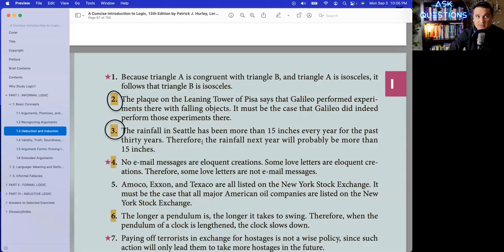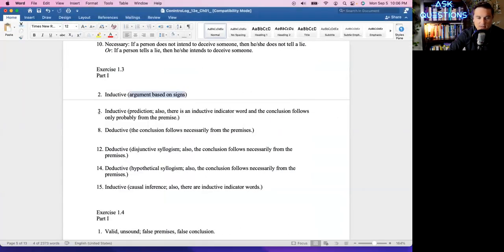Even if it rained 15 or more inches for the last 1,000 years, still, that's not a guarantee that it will happen next year. This is still, I think, a good argument, right? You might bet on it. So the odds might be 80%, 90%. This is where statisticians and meteorologists, people who study rain, could help us out with what the odds probably are. So number 3 is going to be inductive. What kind of inductive argument? It's a prediction.